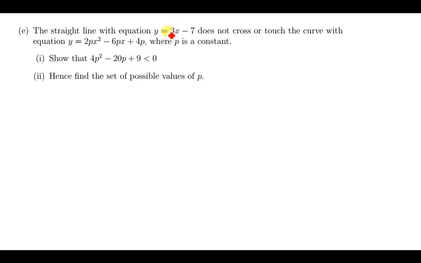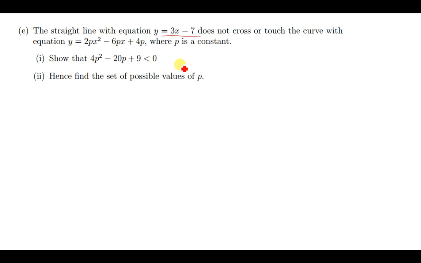If this quadratic equation does not meet this line here, it means that the type of roots you are going to have, when this equation is equated to that, is determined by the discriminant.